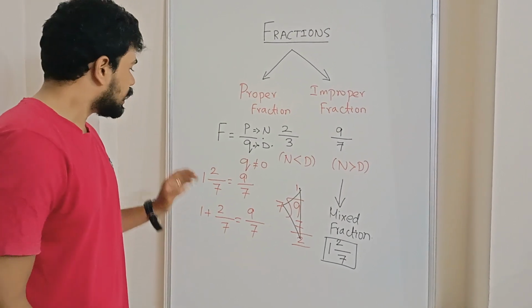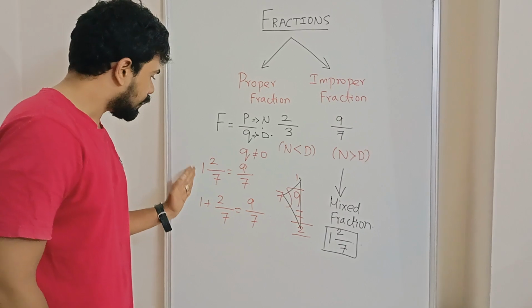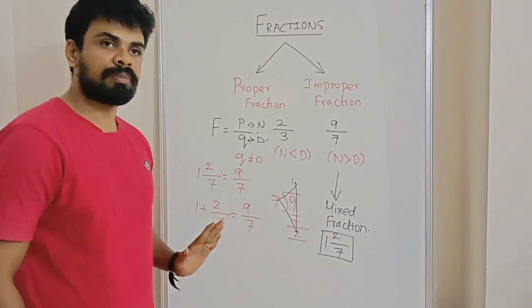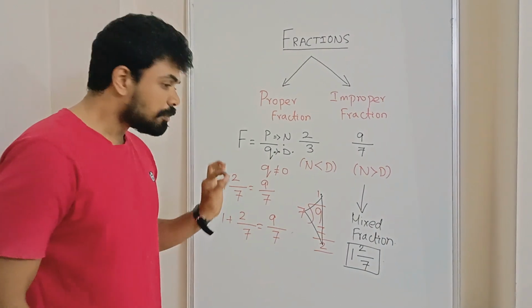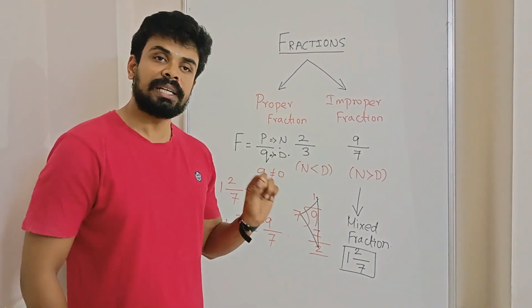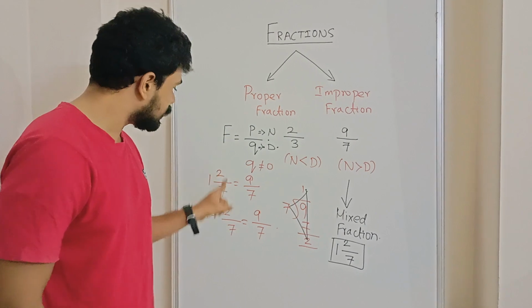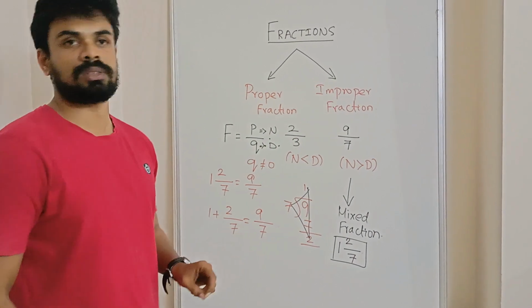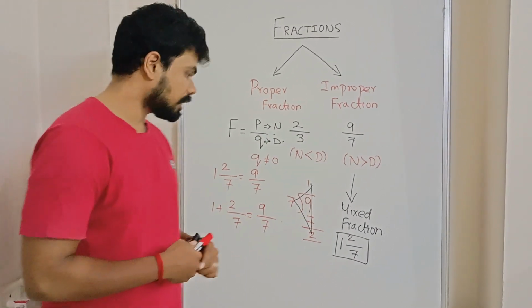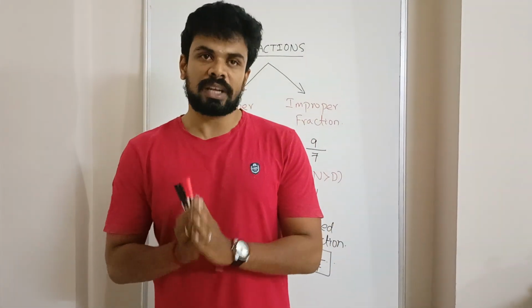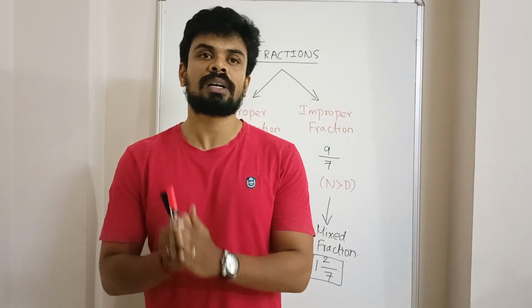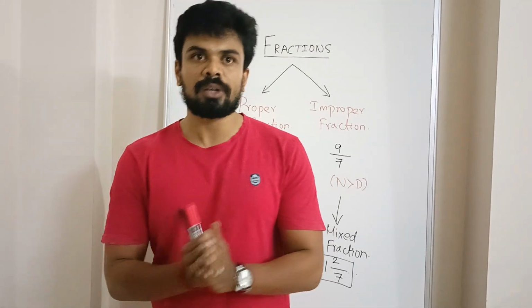Which means, even if I write 1, 2 by 7 or 1 plus 2 by 7, the answer will be the same. In simplification concepts and in time and work concepts, these play a major role. The final conclusion is mixed fraction is a combination of a proper fraction and a whole number.